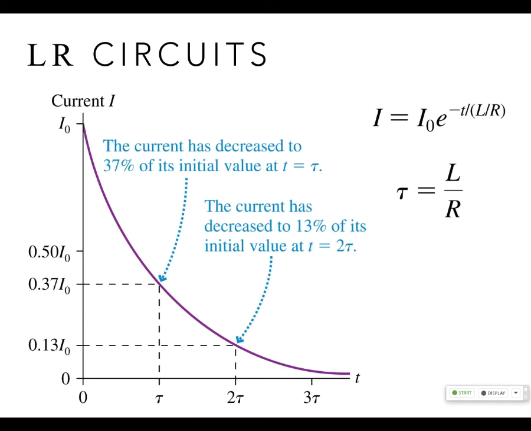Tau over tau, right? That's 1. So e to the negative 1 gives you 0.37. So that's why at the time constant, it's always dropped 37%. Because when time is equal to the time constant, that's going to give you e to the negative 1. So 1 over e is your first time constant, right? 2 over e is the next one.